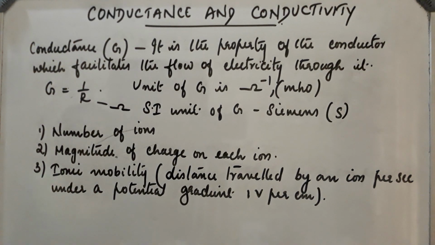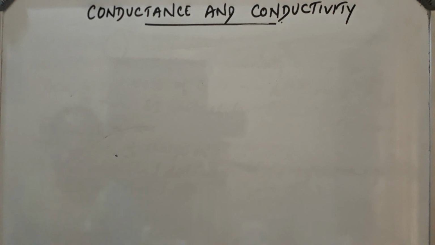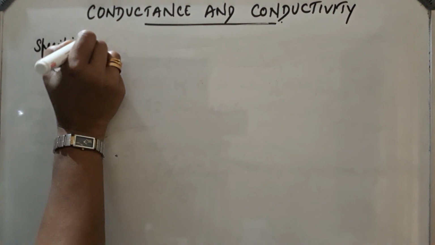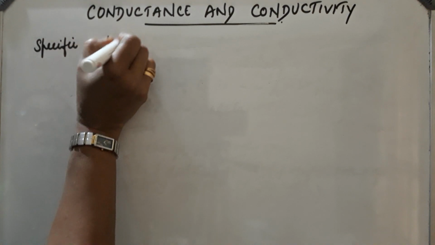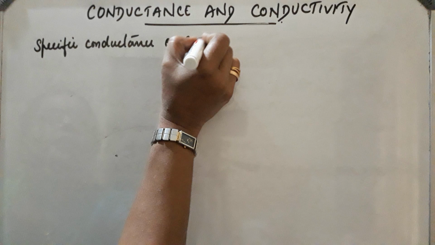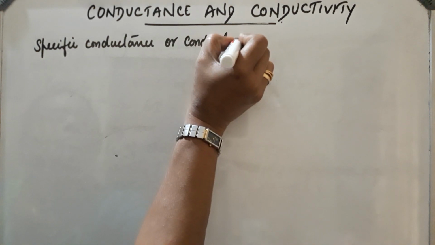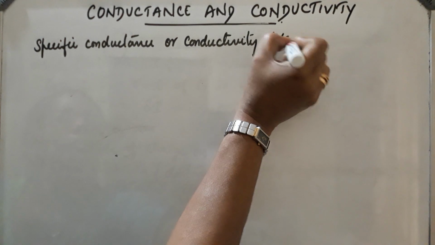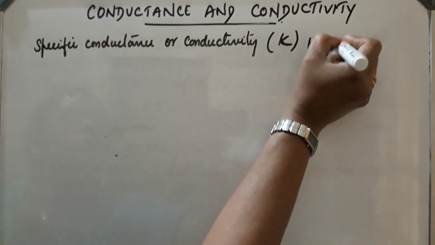Next, let us explain what is conductivity. Specific conductance, or conductivity, is denoted by kappa.